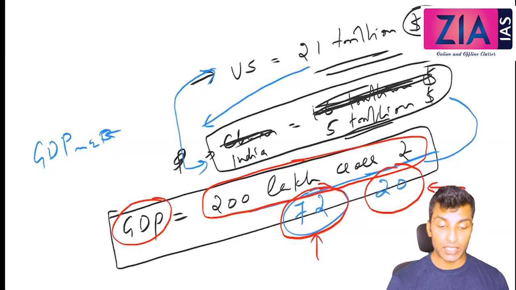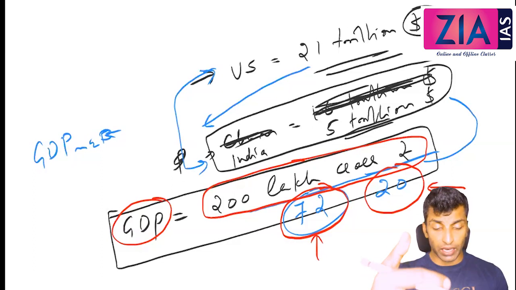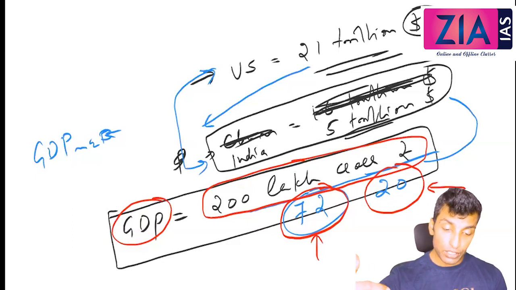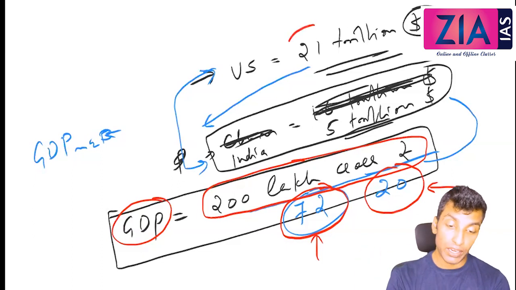Tell me, Anjali, divided by 72 or divided by 20? 20. So are you able to understand now? Divided by 20, it is more, meaning compared to market exchange rate GDP, purchasing power GDP is more, right? So you will be able to overtake two countries which are ahead of you. That is why when you calculate purchasing power, you are at the third position. And in case of China, China will be at the top position because it will be more than 21 trillion.